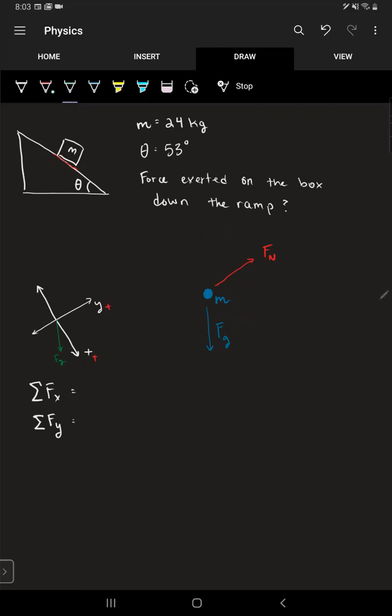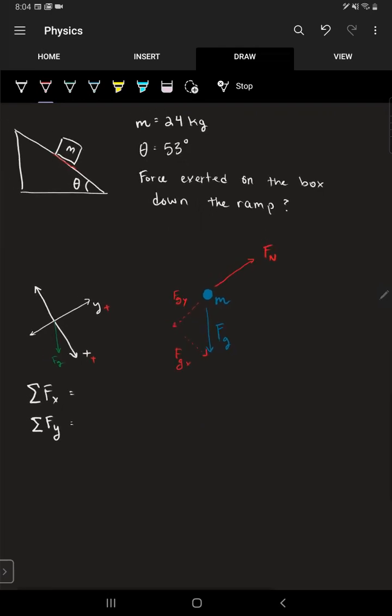Well, it turns out we can break the Fg into two components, Fgy and Fgx. Now, why do we do that? Because the x and y axes we chose are diagonal. Fg is pointing straight down. So we have to conform Fg into the correct angles.